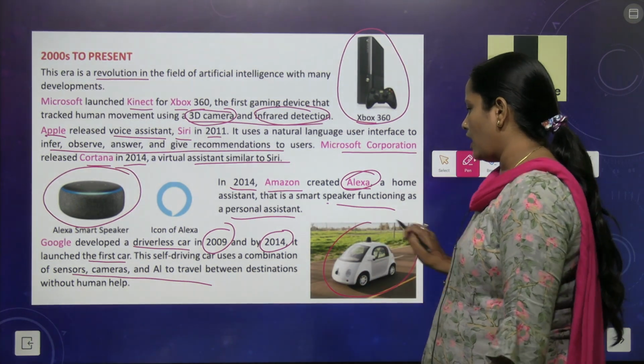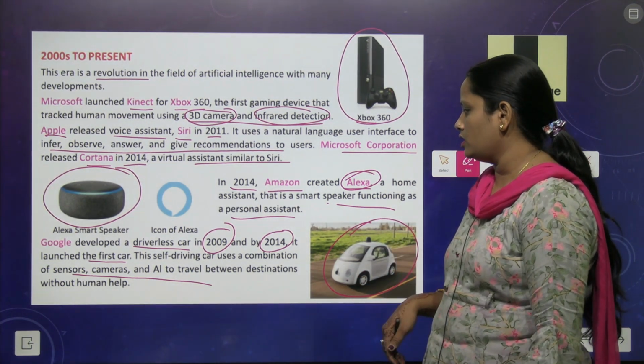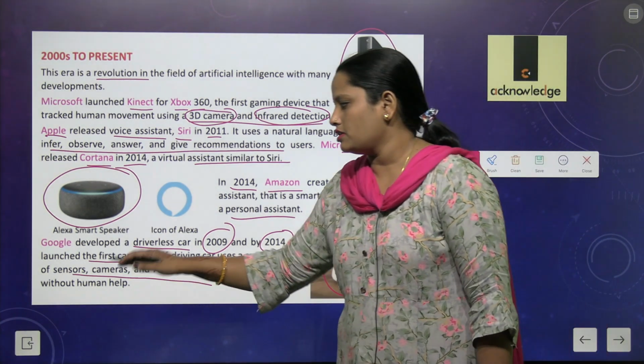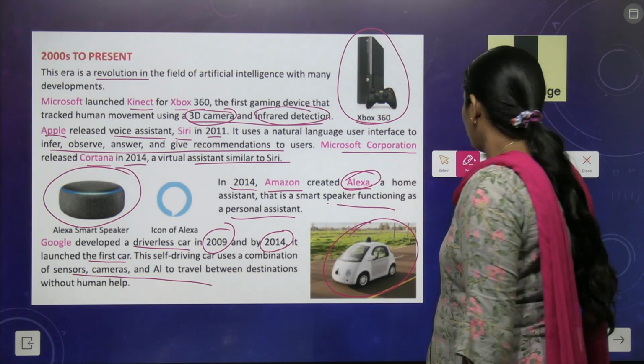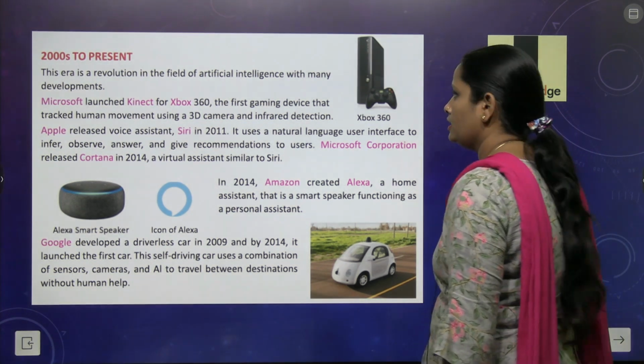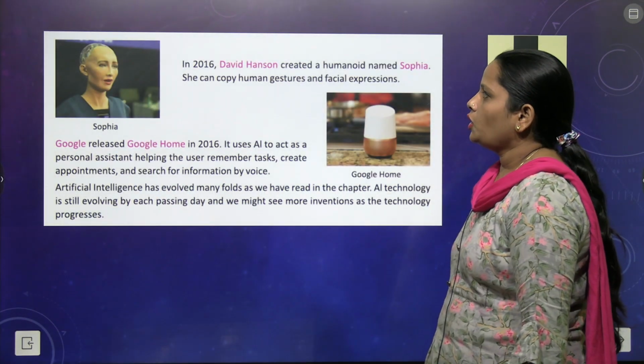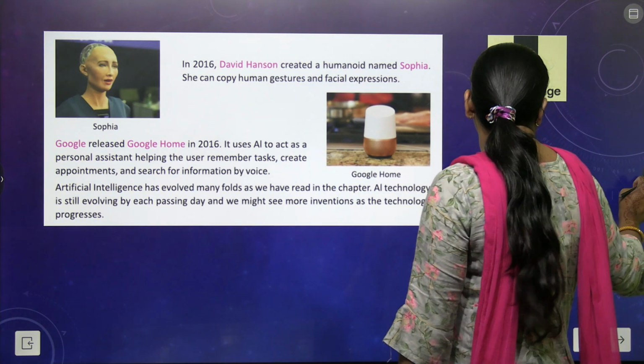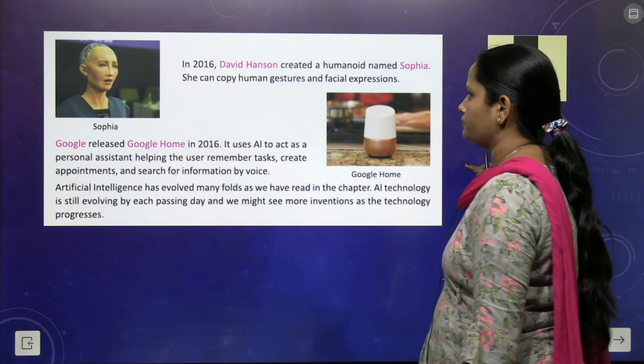So this is the car that was developed by Google, and it used sensors, cameras and AI to travel from one place to another without any human help. Okay, now coming on to 2016, what happened in 2016?